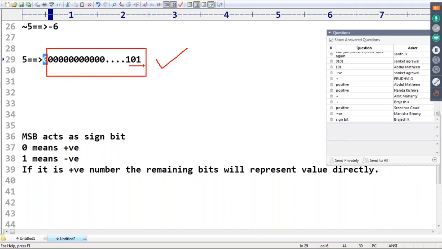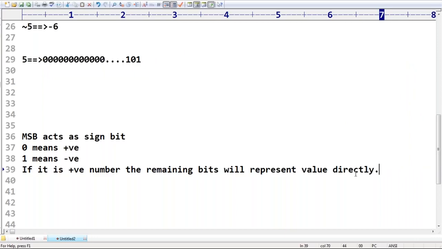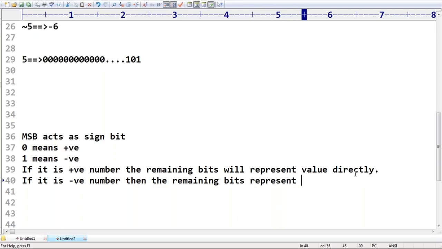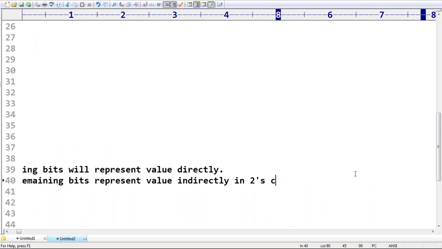Its value is 5. Suppose it is a negative number, then the remaining bits represent the value indirectly. Not directly, sir. Indirectly, in 2's complement form.